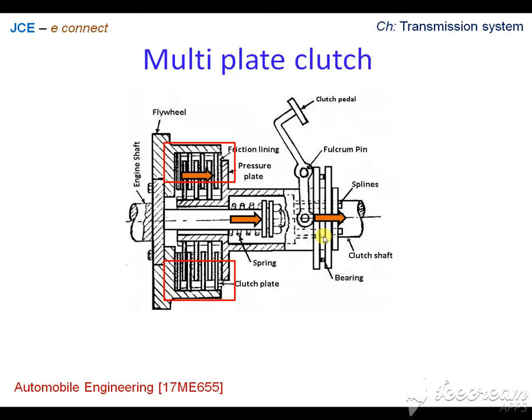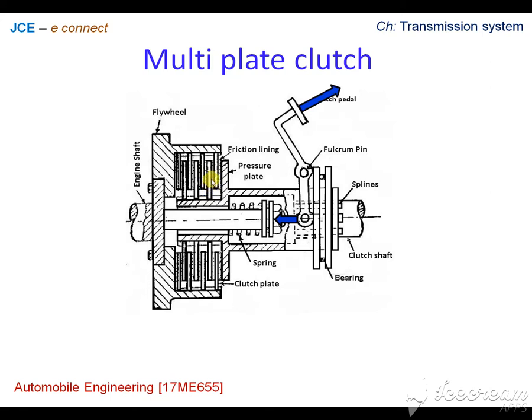Now let us look at the reverse process. When the force is released from the pedal as shown here, we see there is a force which is produced along the axis but in the negative x direction as shown here. Due to this, the force is now exerted on the pressure plate.